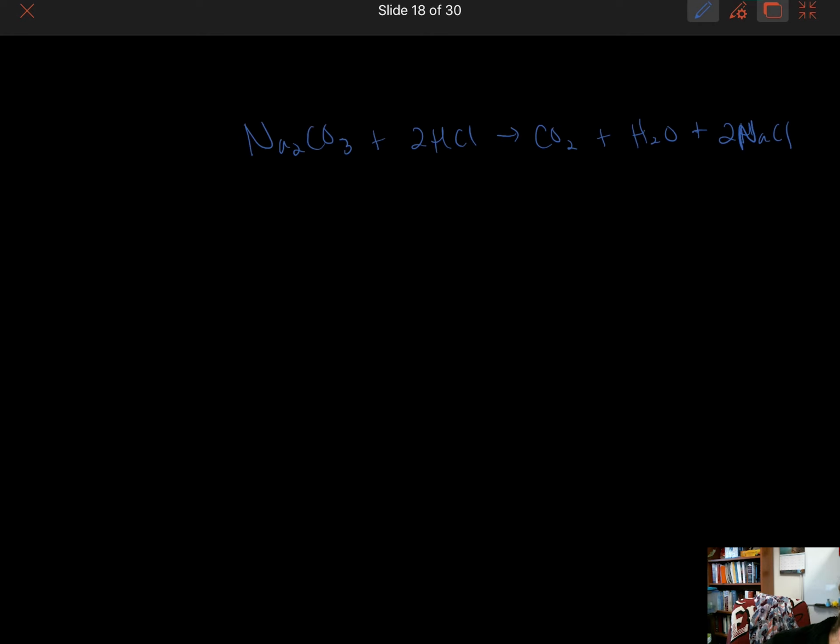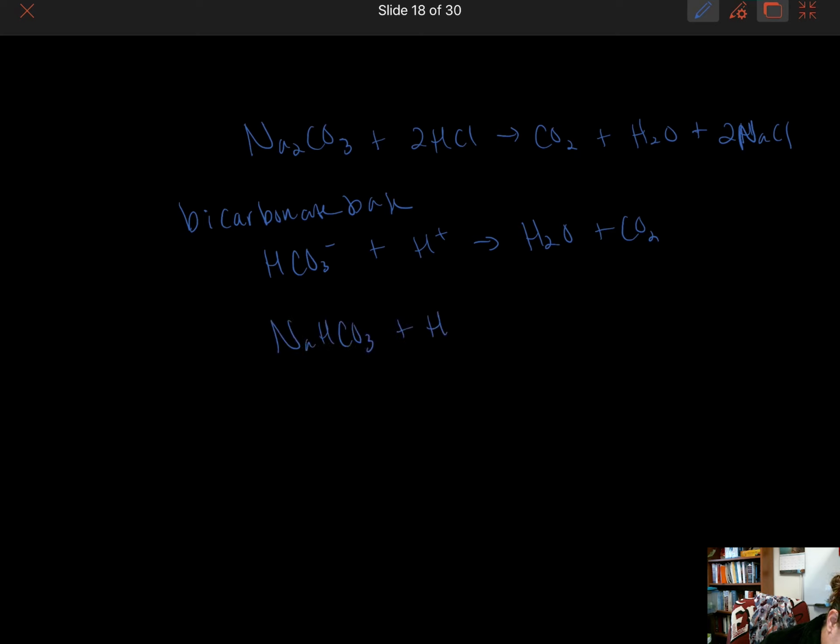If we have a bicarbonate base, we have HCO3 minus plus H plus goes to H2O plus CO2, and again everything else is just a salt. So NaHCO3 plus HCl goes to H2O plus CO2 plus NaCl.